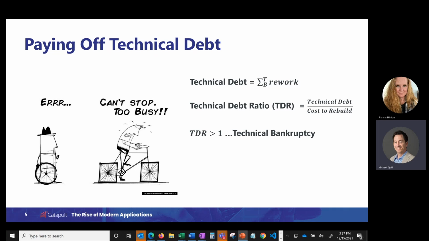Just because you're in a situation now where you've had an app that's serviced your organization well for a long time, you may be in a technical bankruptcy situation, but that may be okay, right? Your app really may be end of life, and it might be time to rethink the way you service either your customer or the line of business with your application and start over again.